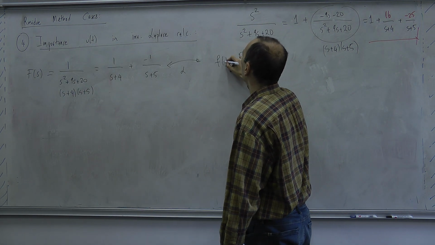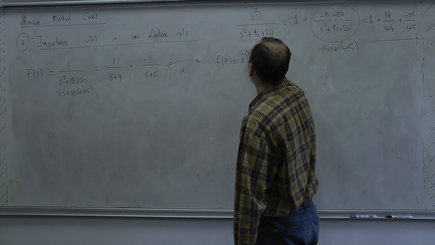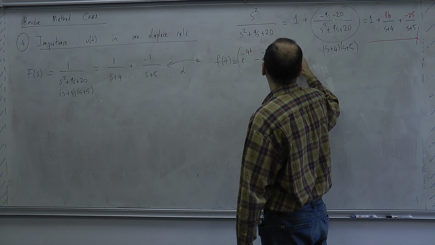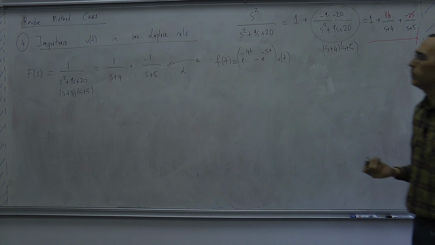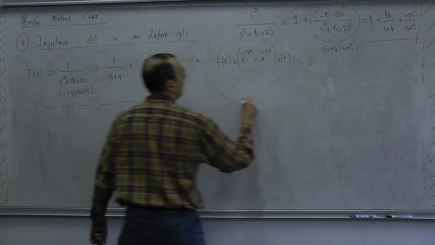Now my f of t is e to the minus 4t minus e to the minus 5t, times u of t. Okay, that is it. That is the Laplace transform pair. So how about this? We are done.